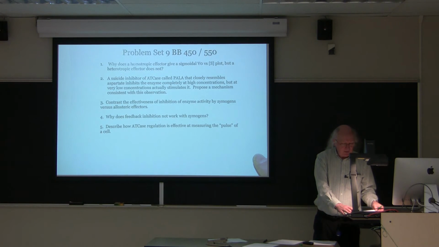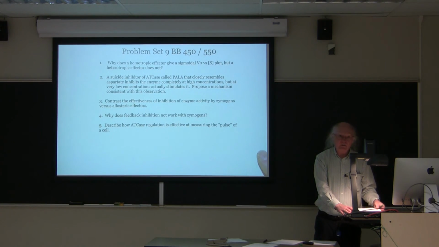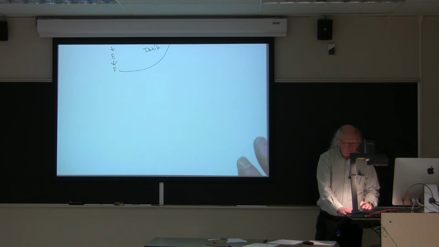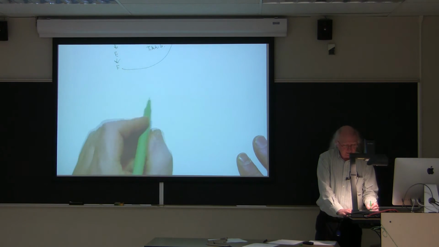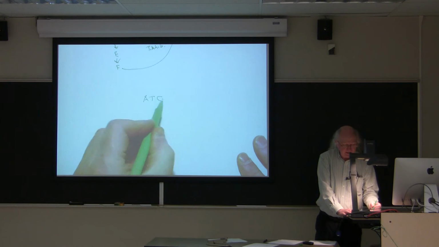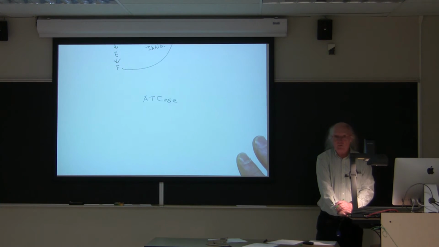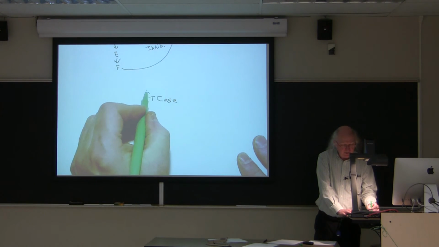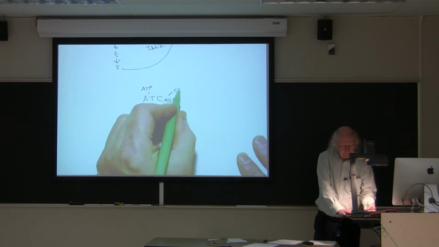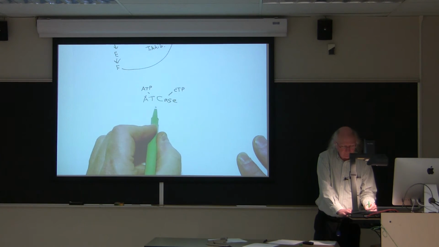Problem 5 says, describe how ATCase's regulation is effective at measuring the pulse of a cell. Well, this also relates to something I talked about in class. Here's ATCase, and we remember that ATCase is affected by 3 molecules, 2 heterotropic effectors and 1 homotropic effector. The heterotropic effectors are ATP and CTP, and the homotropic effector is aspartate.